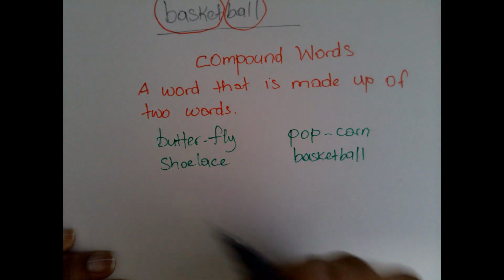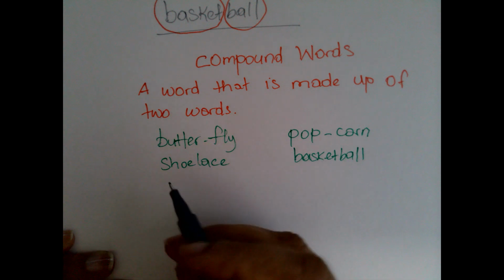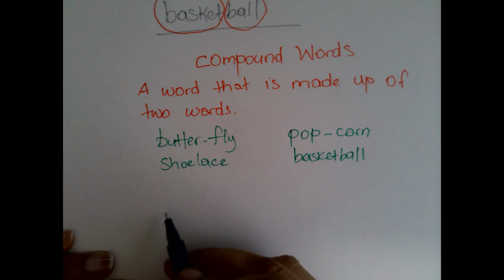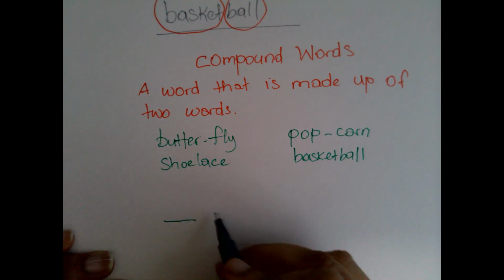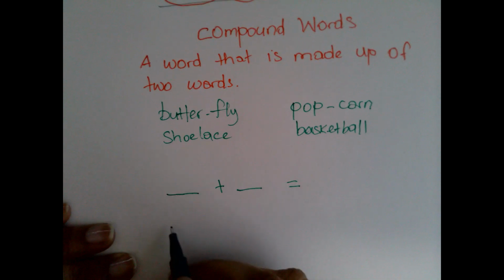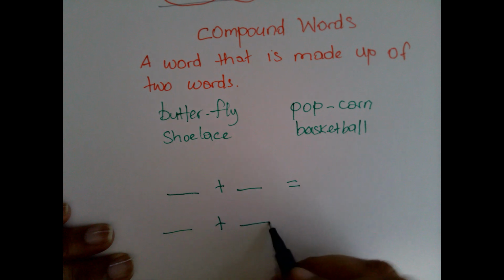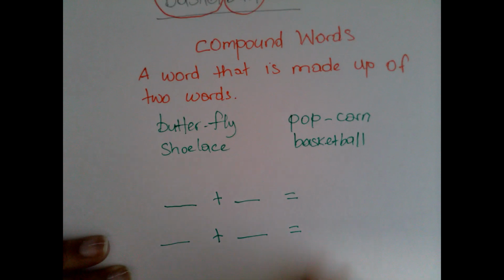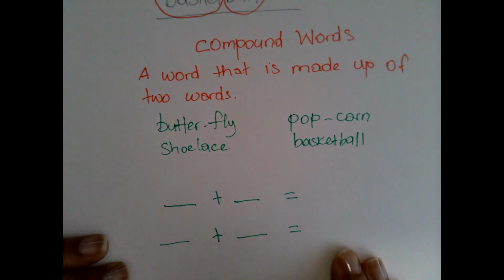Within this, I would give them, okay, go ahead and find and write two other compound words, but show me the word parts, right? Right away, they are taught and they're assessed.